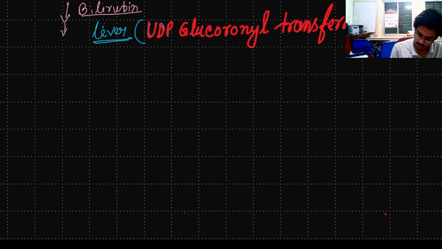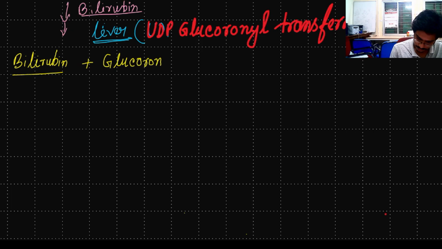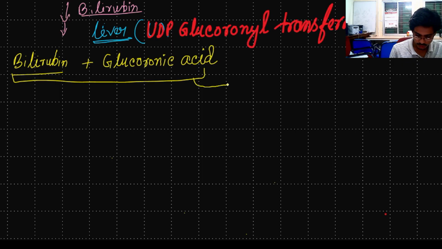It is converted into, one portion is bilirubin, that is unconjugated, not conjugated, plus the glucuronic acid. Some will bind the bilirubin and glucuronic acid, and it will form the conjugated bilirubin.